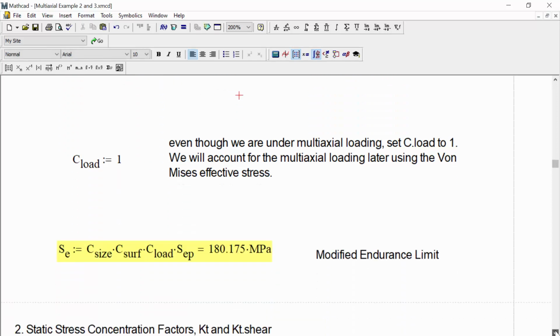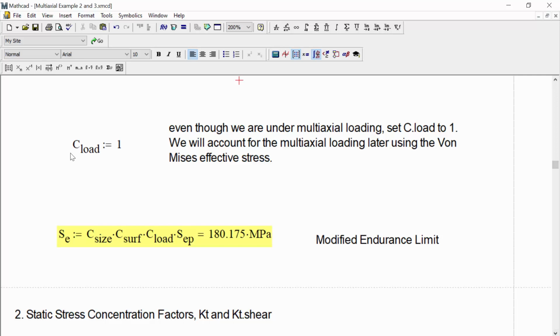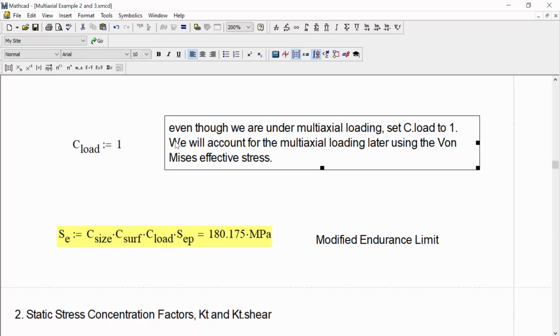The next factor we're going to calculate is our load factor. In this case, because we have multiaxial loading, we're going to set our load factor equal to 1. So we're just going to basically disable it. And what we'll do is we'll account for the multiaxial loading case later by using the von Mises effective stress.